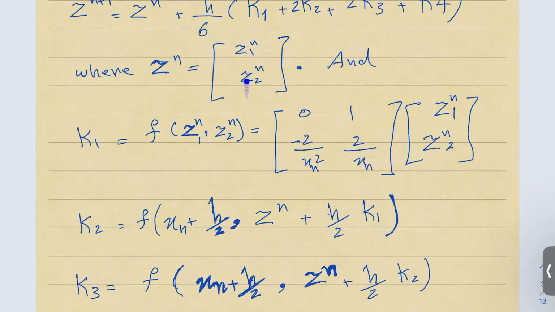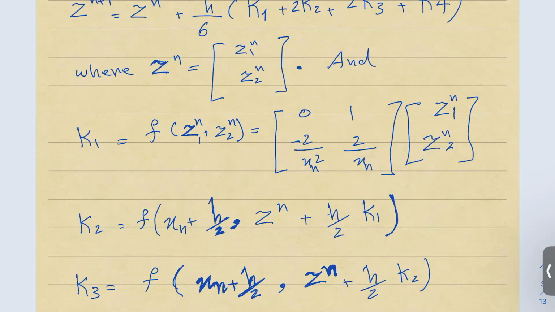H is the step size, so this one is just a real number. It's not a vector, it's not a matrix, it's not a column vector, but this is a column vector. This is important to understand.